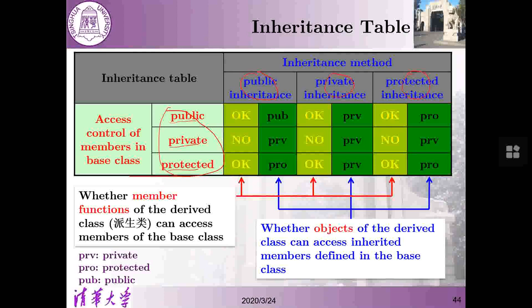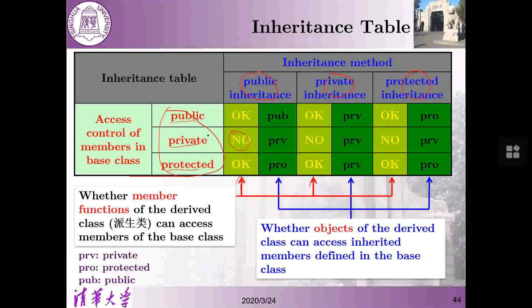So we can see here, this part shows whether member functions of the derived class can access members of the base class. This means if we do public inheritance, we cannot access the private part of the base class. We learned that in the last class, right?